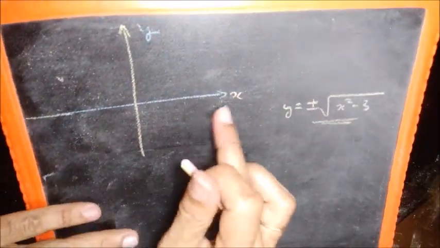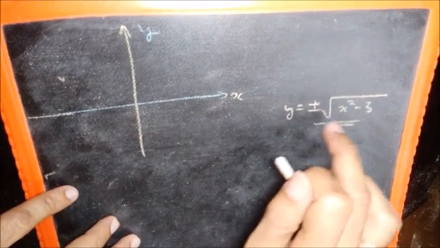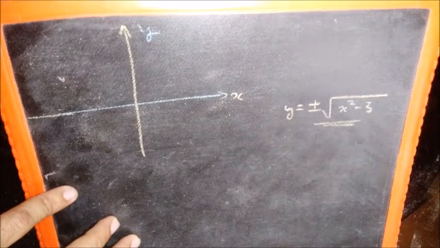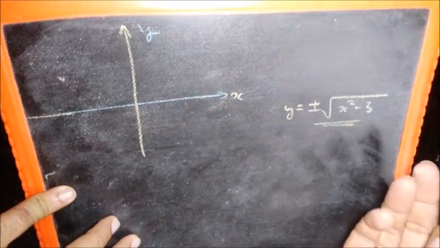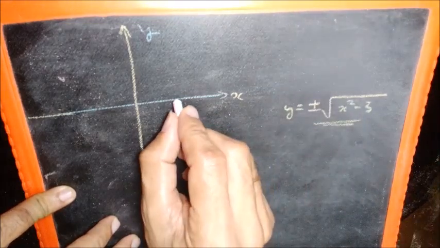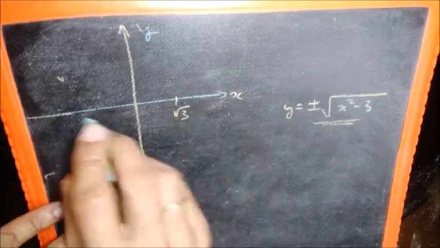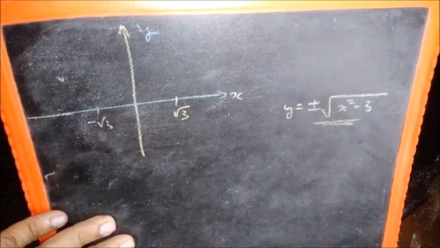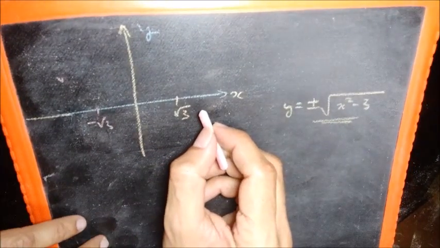When I plot this, when y is 0, x square is 3, which means that x is plus or minus root 3. So maybe plus root 3 will be somewhere here, and minus root 3 somewhere here. And it is said that the point 2, minus 1, 3 is on the interface.